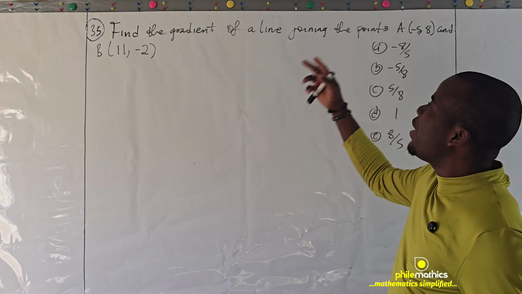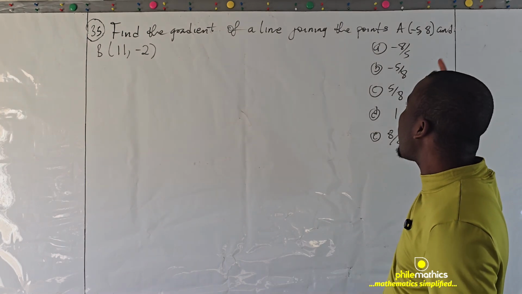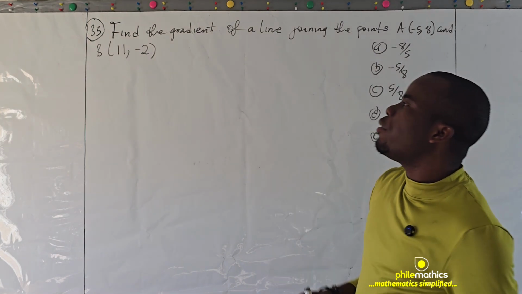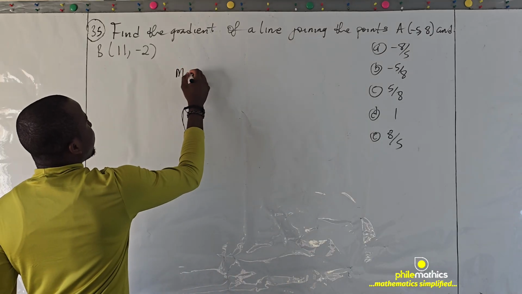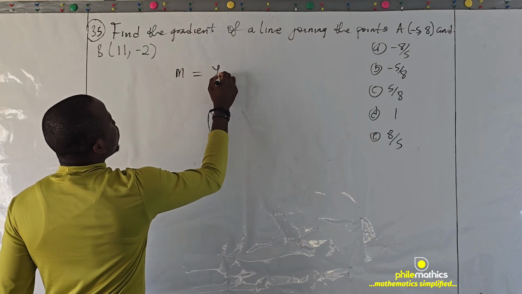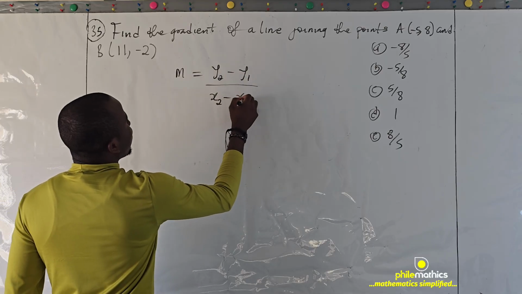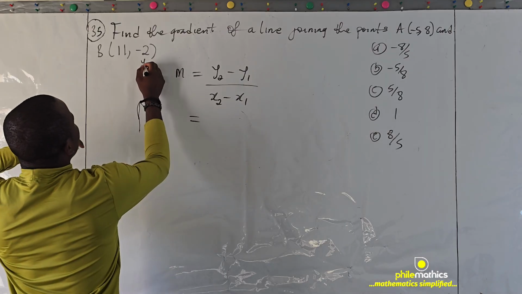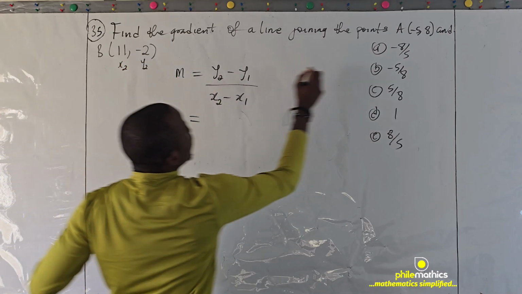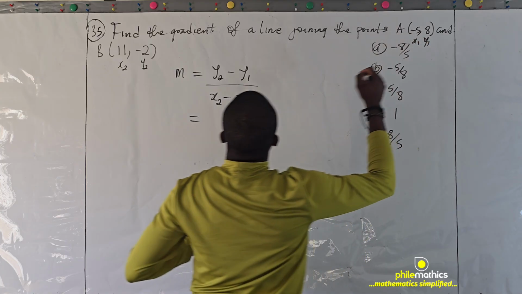We are asked to find the gradient of a line joining the points A (-5, 8) and B (11, -2). So you want to recall the formula for gradient M to be y2 minus y1 over x2 minus x1. And so we'll call this y2, x2, and this y1, x1.